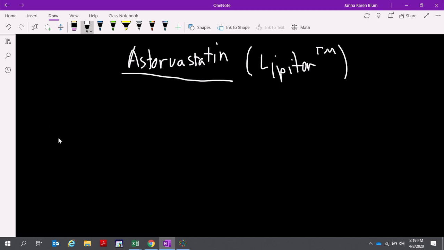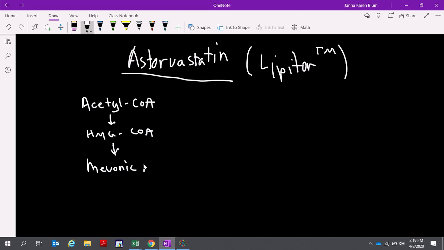So if we take a look at this pathway to make cholesterol, acetyl-CoA is a metabolic intermediate. And it is a precursor molecule to this molecule HMG-CoA, which is then reacted into mevalonic acid, which undergoes several more reactions, ultimately making cholesterol.